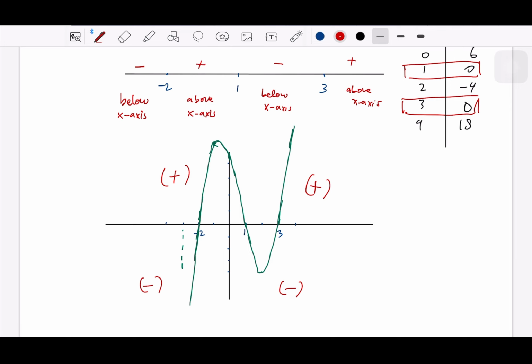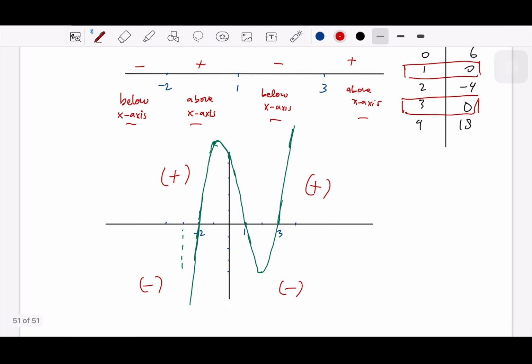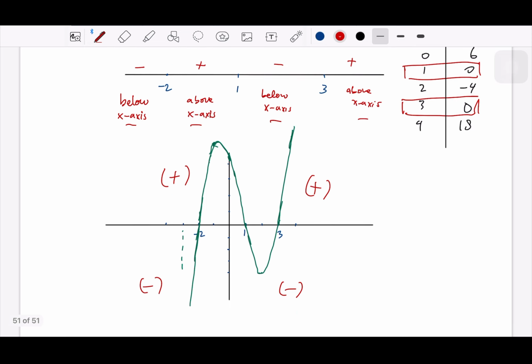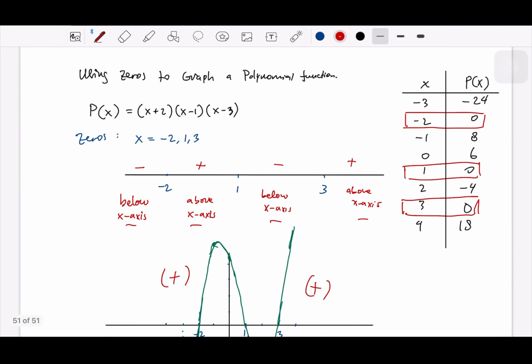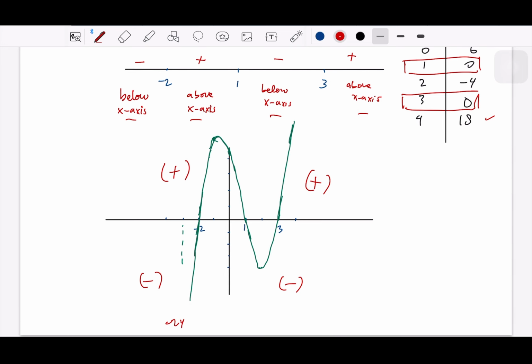So we could match all this below and above from the signs, and from the test points we could also match the coordinates exactly, but I just give roughly coordinates because it has really big -24 and 18, so it goes to -24 here and 18 here.